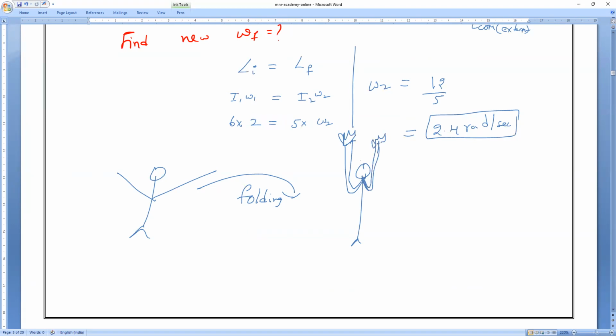You can see here it is stretched. Now here it is folding.